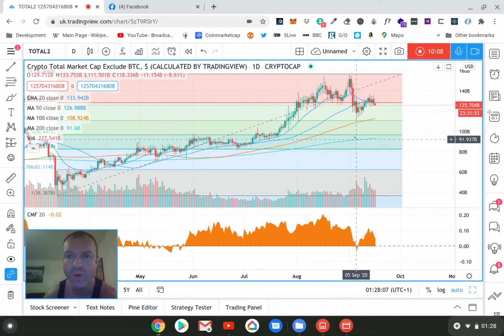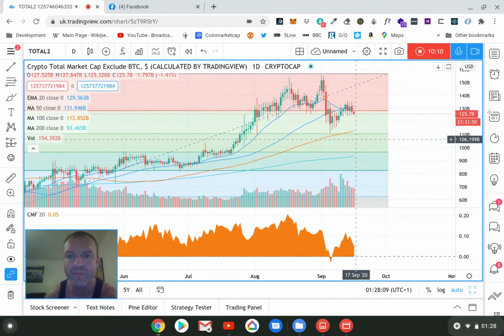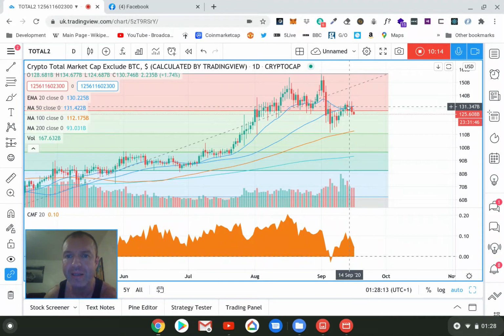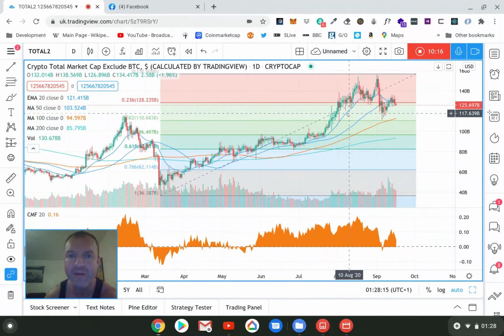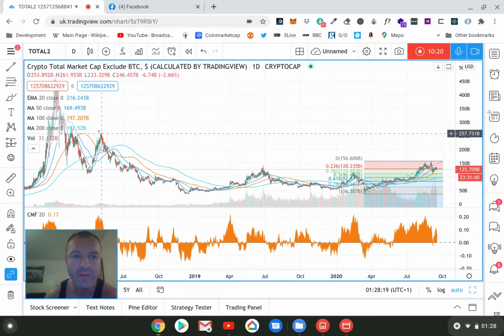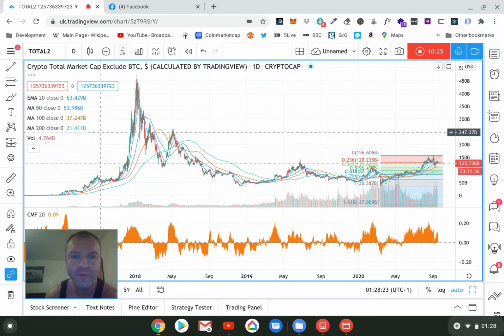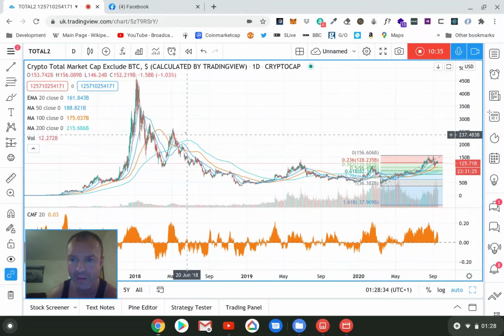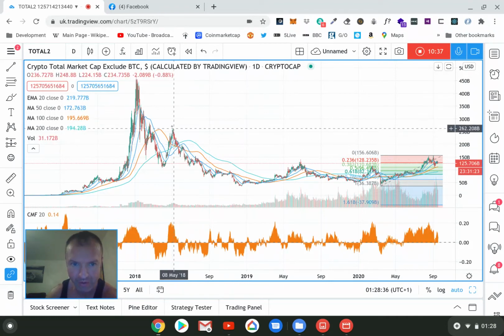I don't think we're going to have long to wait before these altcoins begin to make their way back up and beat these highs here, and return up to these levels here of April 2018. That's going to be a big resistance point, I fancy, around the 258 mark for altcoins.